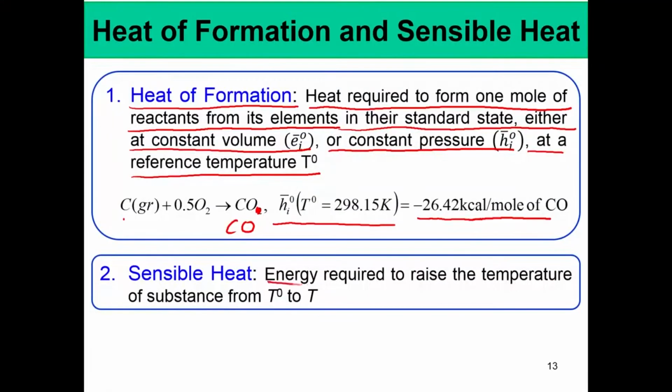What is sensible heat? Sensible heat is the energy that is required to raise the temperature of a substance from T0, that is the reference state, to T. So, the sensible heat for CO at a temperature of, say, 1000 Kelvin is equal to the amount of energy required to raise the temperature of CO from 298.15 Kelvin to 1000 Kelvin.